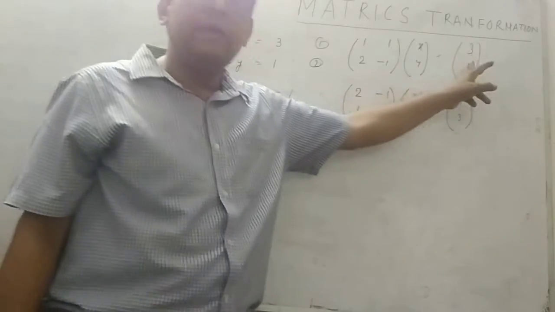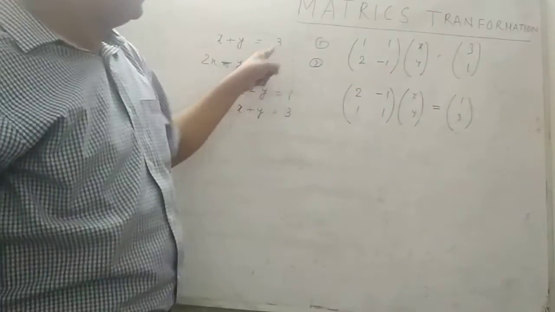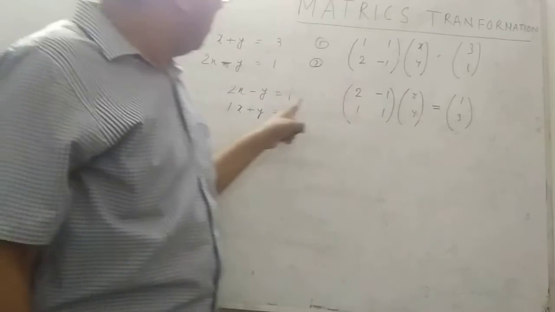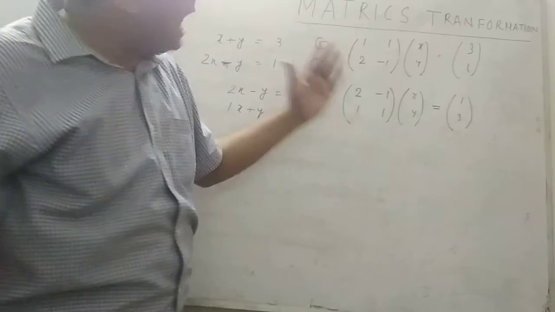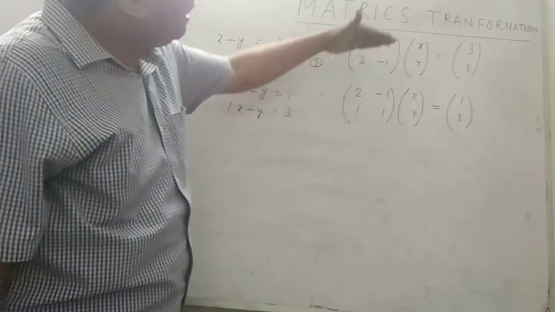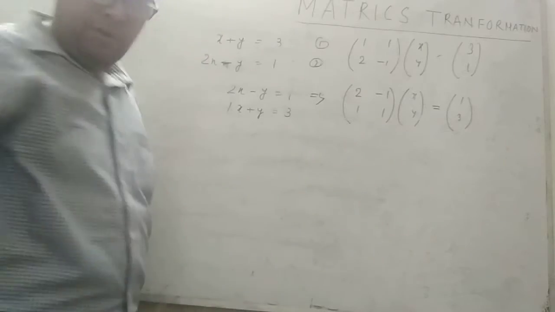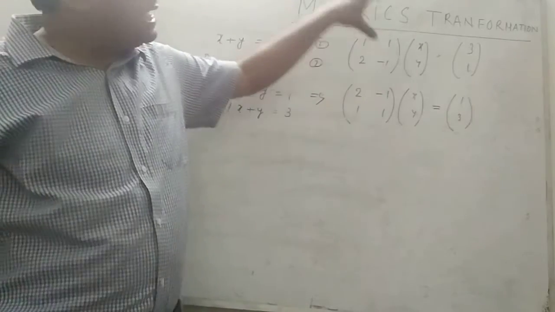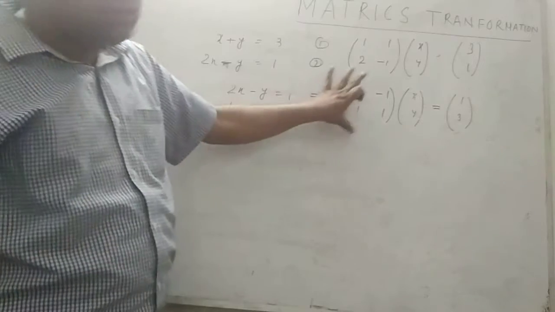And here also, on the right hand side of the equations, just see 3, 1, and here 1, 3. That means, if I want to convert from here to here, I can do it. From this matrix, I can write in this way. Also, I can write this expression in this way.